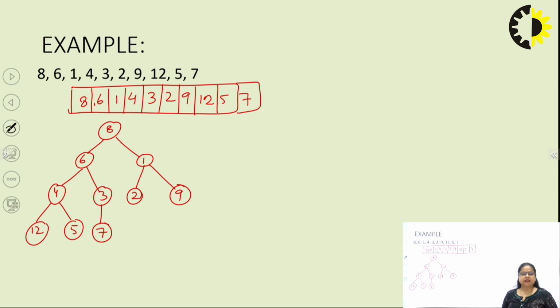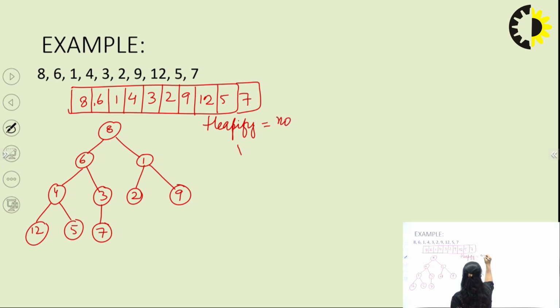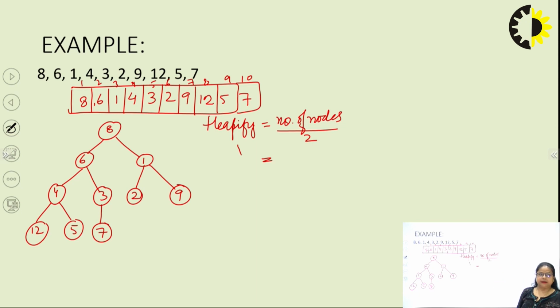What does the heapify function say? It will call heapify from the number of nodes divided by 2, right? So if I have to calculate the number of nodes, that is 1, 2, 3, 4, 5, 6, 7, 8, 9 and 10. If we have 10 elements, what is heapify to be called on? 10 divided by 2 comes out to be 5.